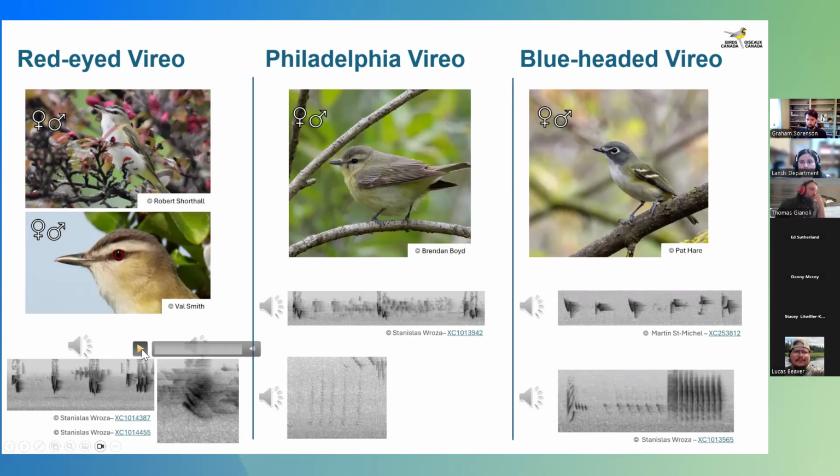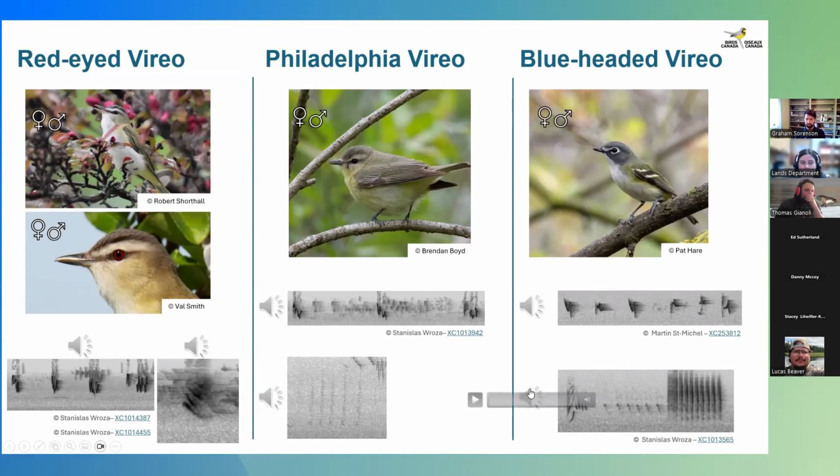And then one other way to identify them is by call. So there we go. The little plaintive, like, me, just unhappy red-eyed vireo, and then a bit of a two-note here, similar but more repeated.